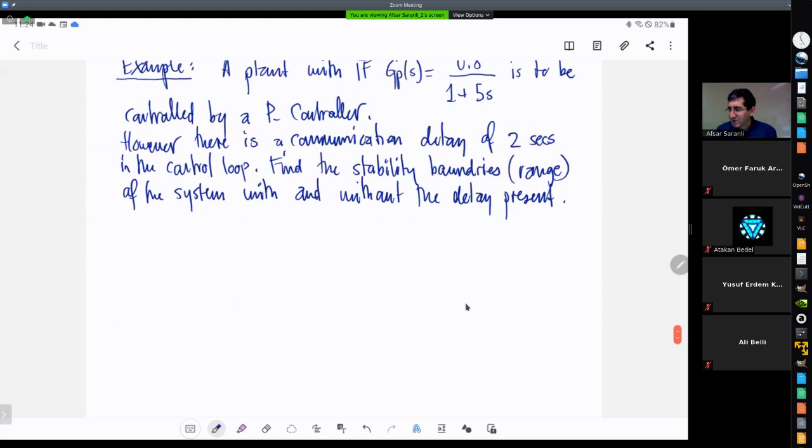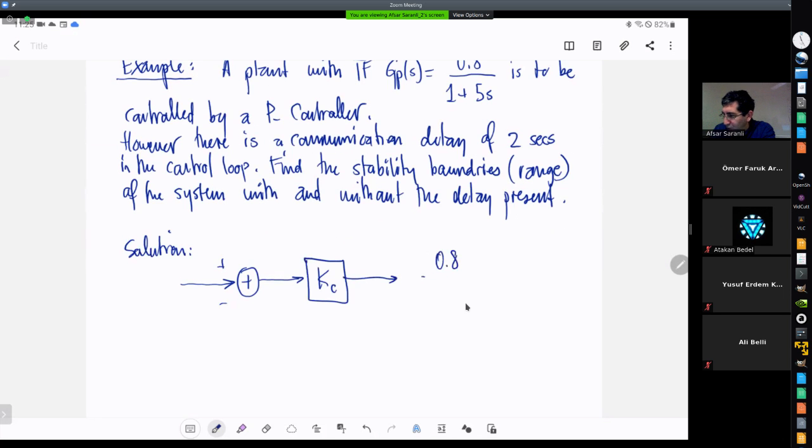All right, so let's sketch our system. The unity feedback system actually has the following form. This is our controller Kc. Here is our system, 0.8 over 1 plus 5s.